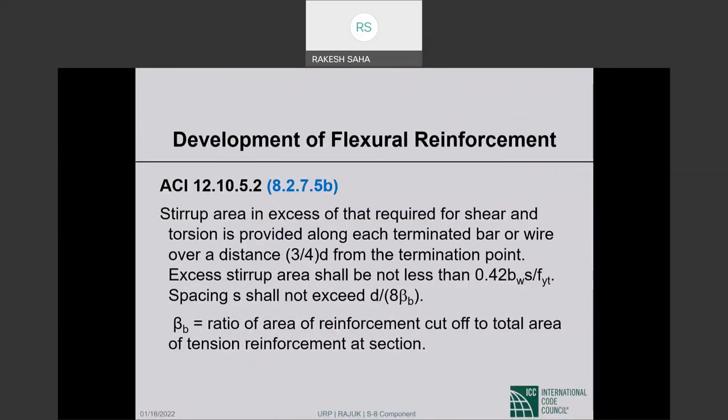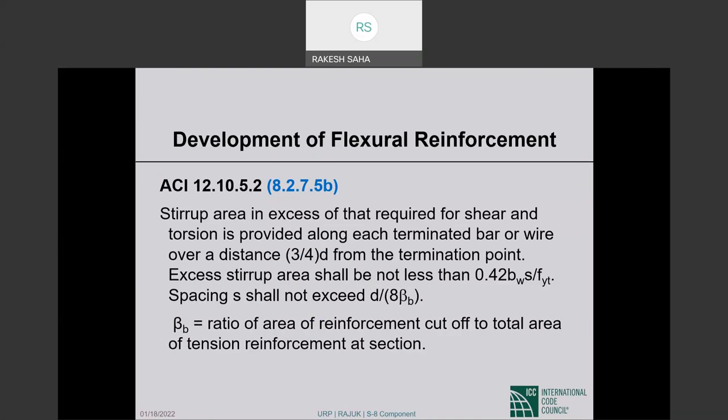That's condition number one. Condition number two, much more complicated. Stirrup area in excess of that required for shear and torsion is provided along each terminated bar or wire over a distance 3/4 of d from the termination point.